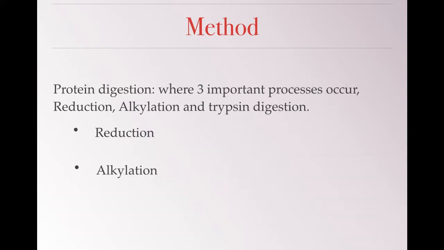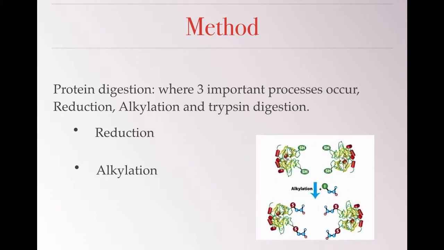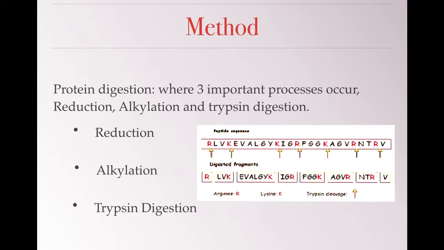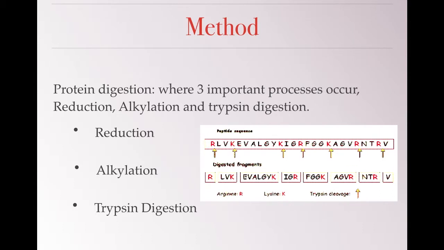For alkylation, IAA is added and kept in a dark room for 30 minutes at room temperature to prevent the formation of disulfide bonds. Trypsin is then added at a ratio of 1:100 overnight at 37 degrees Celsius to break proteins into peptide fragments.